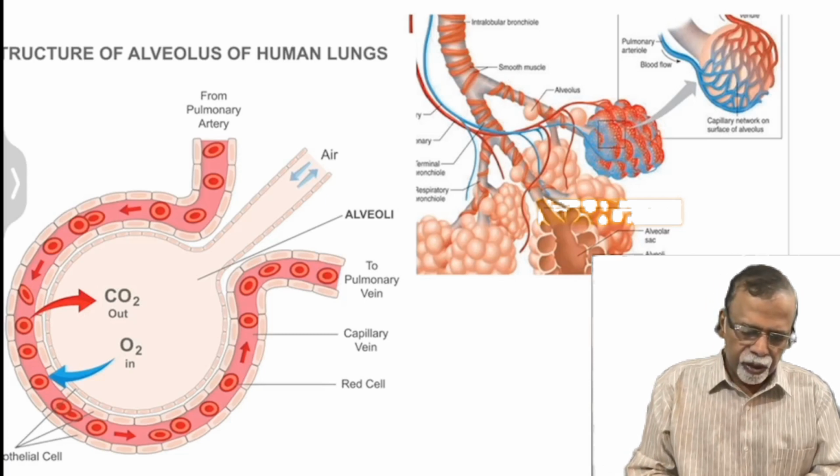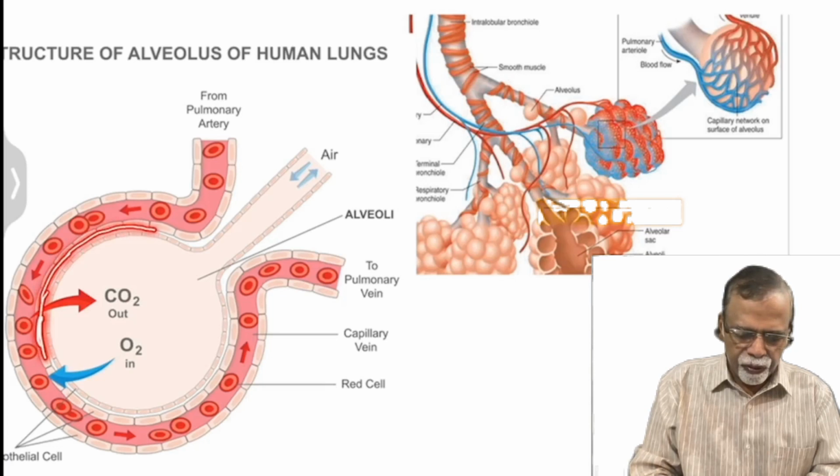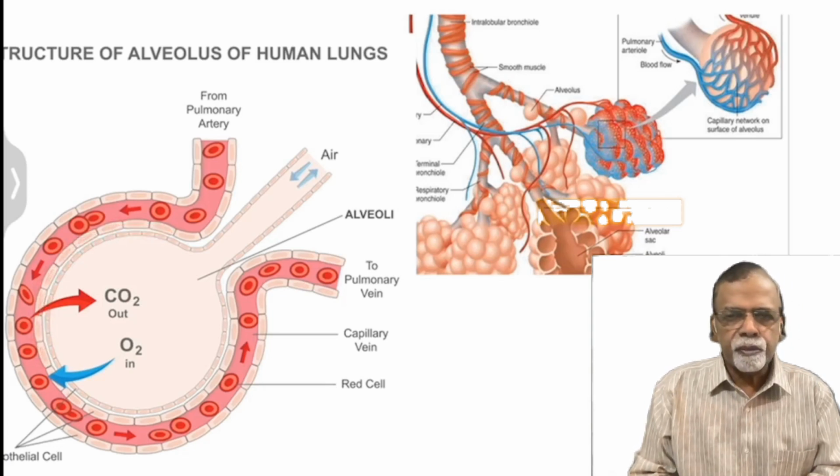So there is an alveolo-capillary junction. There is a basement membrane here, the basement membrane of the capillaries. We studied the glomerulus during the kidney.